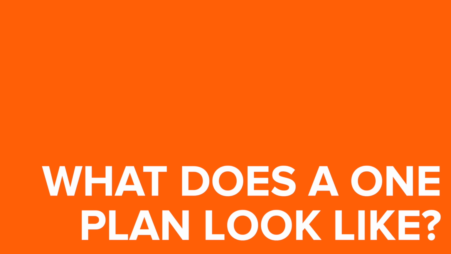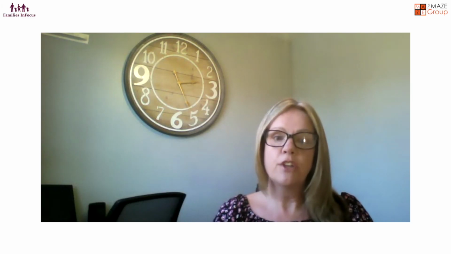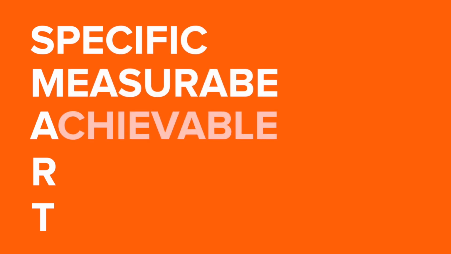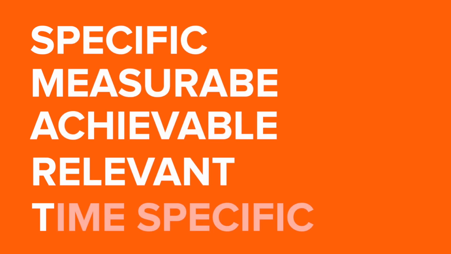So a one plan will have the long-term outcome. Then next to that, it will have short-term next steps. Those short-term next steps should be SMART steps. So they should be specific, measurable, attainable, relevant, and have a time frame.